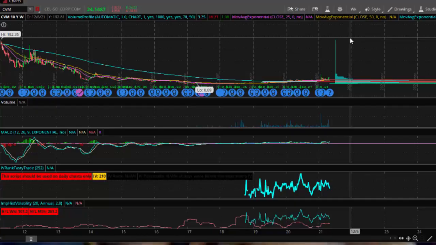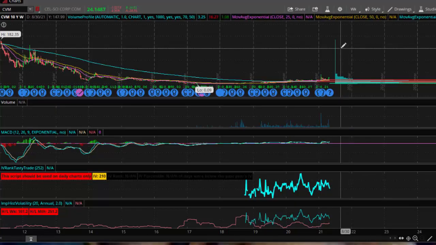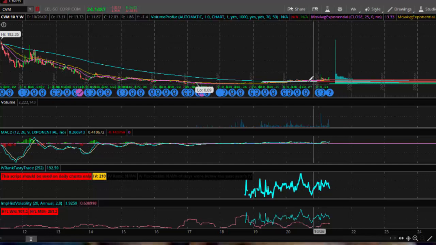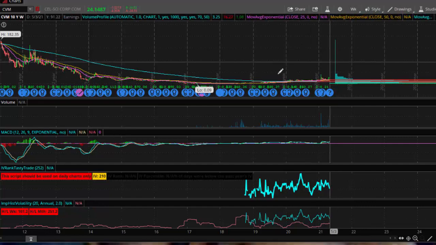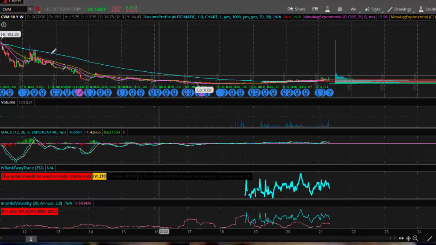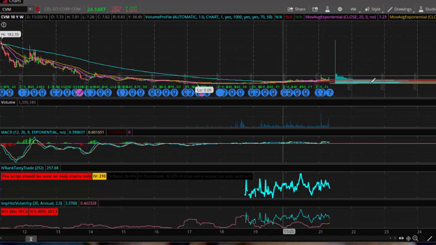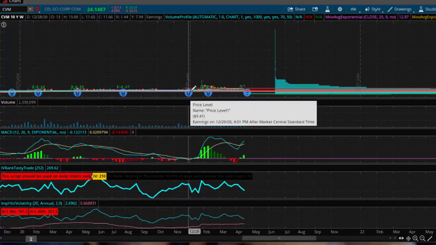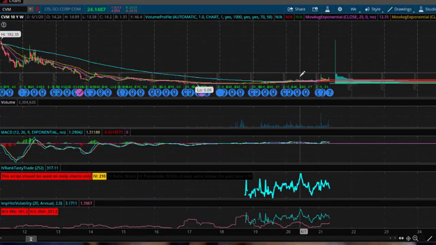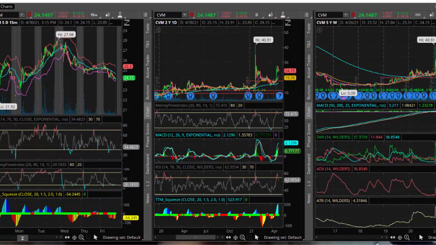So I'm going to use CVAC for the high implied volatility scenario. The longer term weekly chart, as we can see right here, is not performing very well. The price has been declining, and then recently it spiked up. Let's move on to the daily chart so we can see exactly what's going on right now. We can see the stock price spike and then come back down and then spike again.